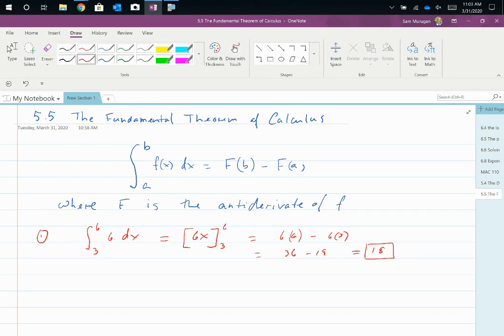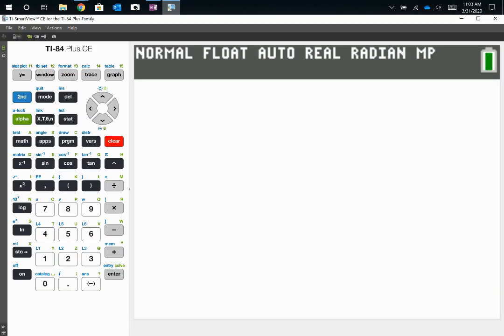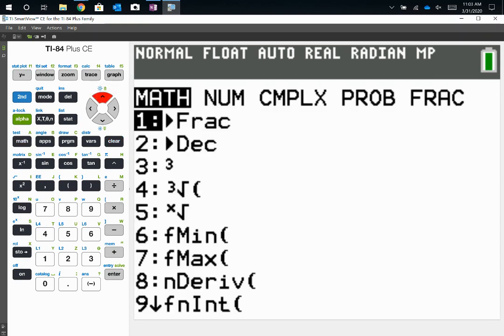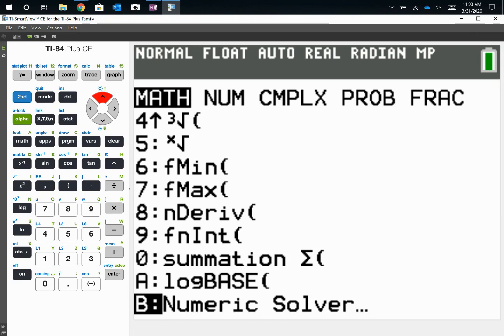I also want to make sure that you know how to do this with the calculator. So I'm going to go ahead and show you the process. If you're using the TI-84 Plus CE, you would press the math button and scroll down until you see number 9.